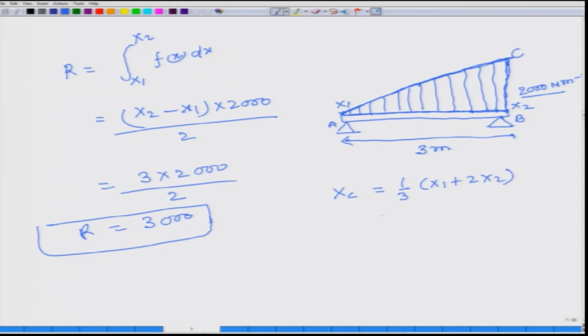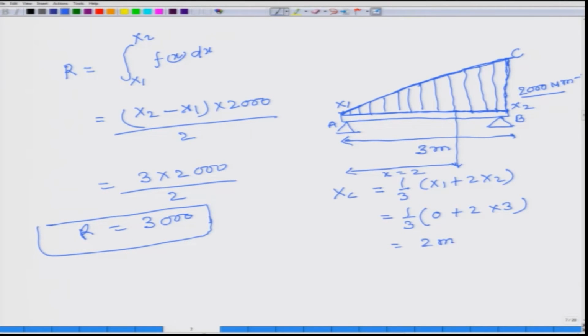So, in this case x1 is equal to 0 and x2 is 3. So, this is nothing but 2 meter. So, our load will act at x equal to 2 meter from the support A.